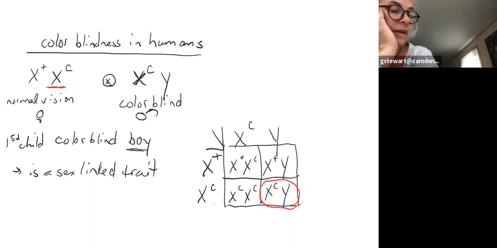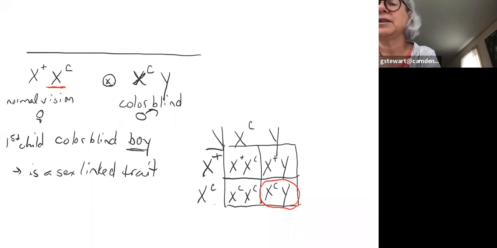Okay. That's the last of the different types of problems that I would ask you to solve. There are some more vocabulary words that I wanted to go over with you.